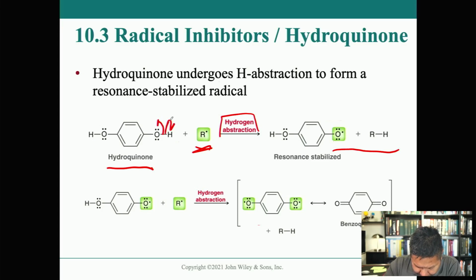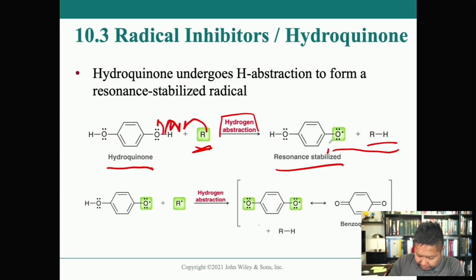Well, actually, this single barbed arrow should come over here, like that, to give you the alkyl group with no radical and the resonance stabilized hydroquinone, which we've already done.